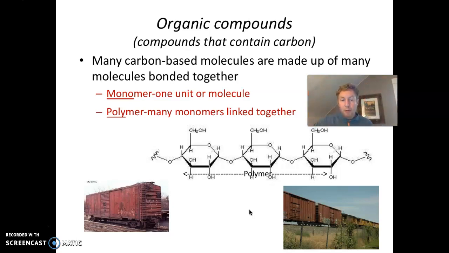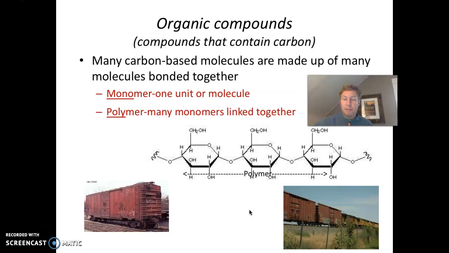A good analogy would be a train. The macromolecule is the full train, whereas the single monomer is one boxcar of the train. Okay, so pause this if you need to, or we'll go back and look at it.